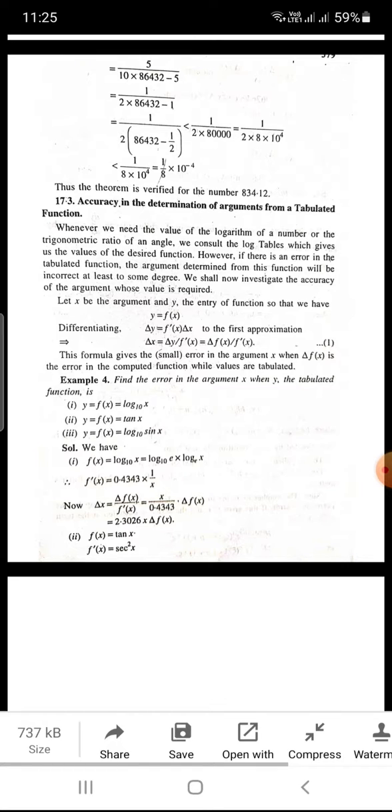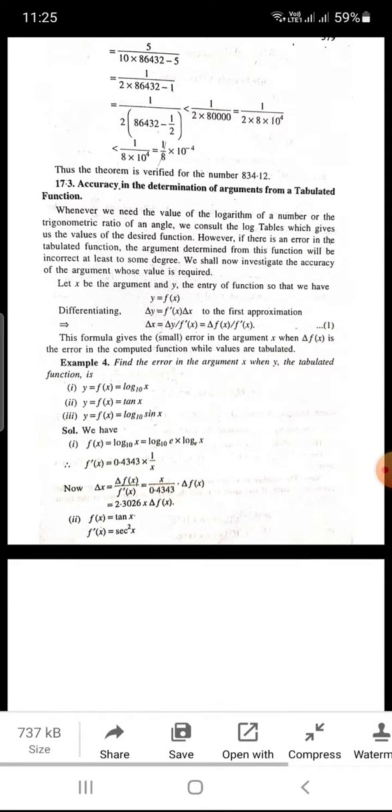Suppose I want to find the error in the argument x when y, the tabulated function is, suppose first, y is equal to f(x), which is equal to log x to the base 10. So here we have f(x) is equal to log x to the base 10, which is equal to log e into log x.